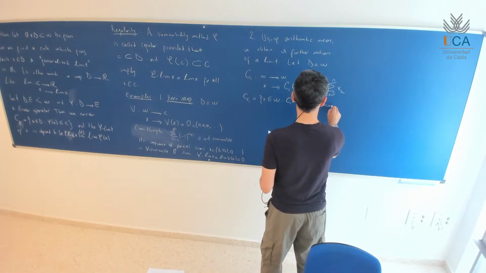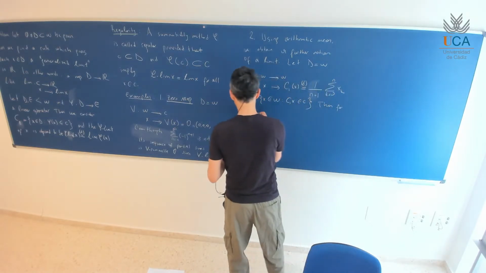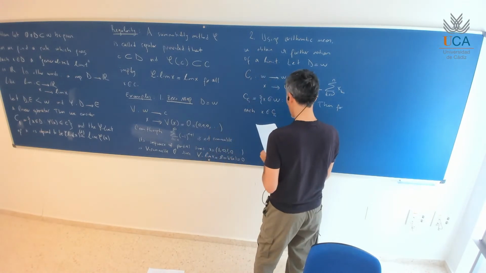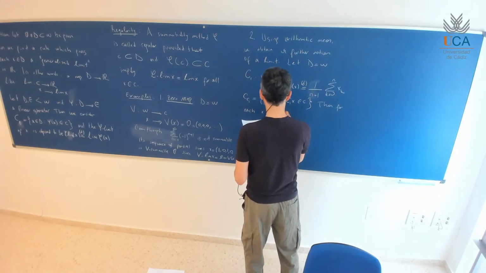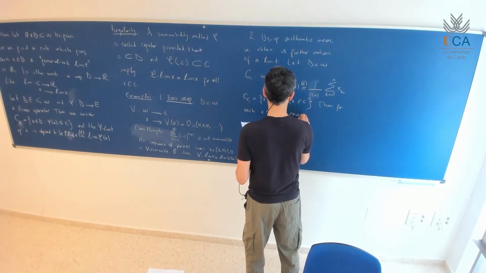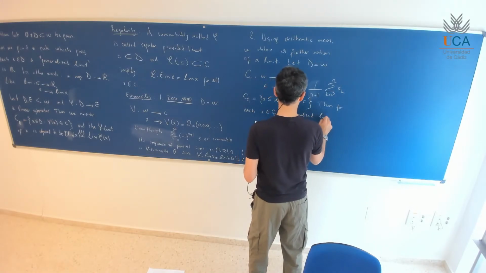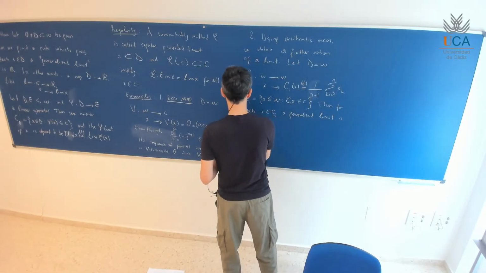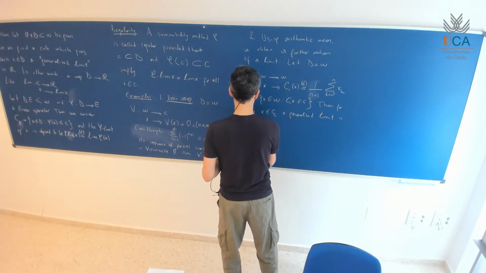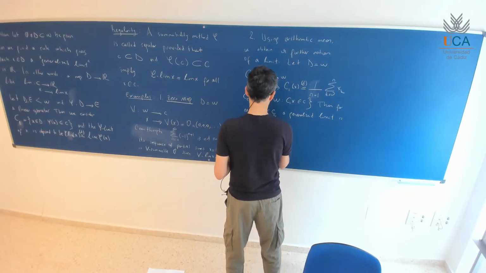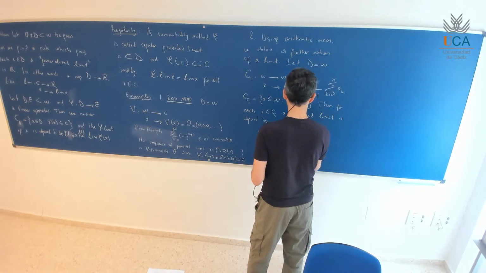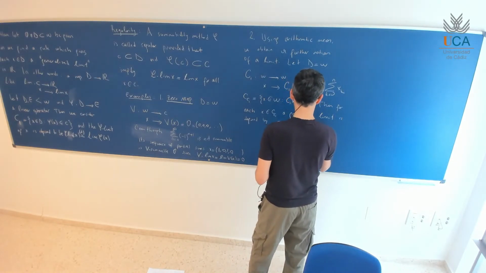Then for each x from C ∩ C1, a generalized limit is defined by C1-limit from C ∩ C1 into the real numbers.